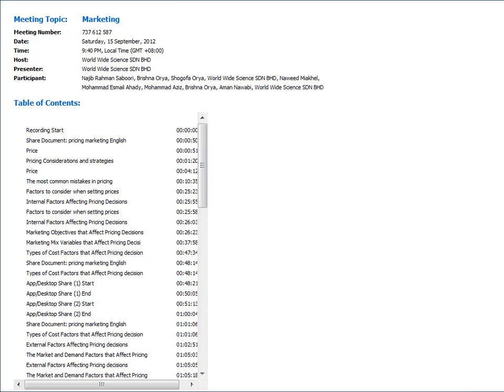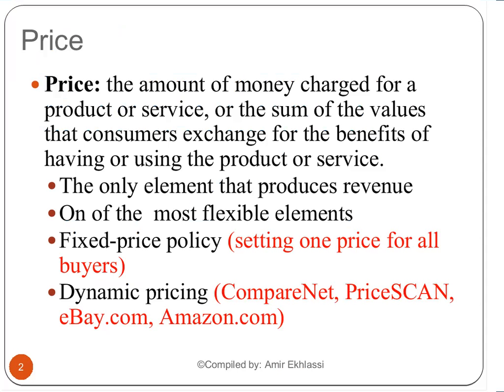And this week, the first thing I want to explain is the pricing strategy. There are many Iranian researchers in the discipline of marketing, and I think also in Afghanistan we have some scholars about marketing and related aspects.